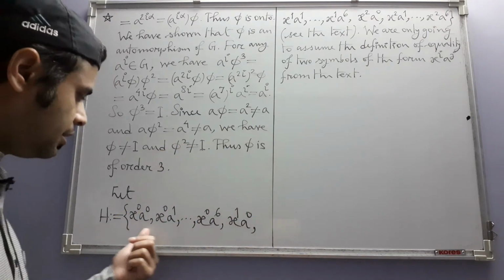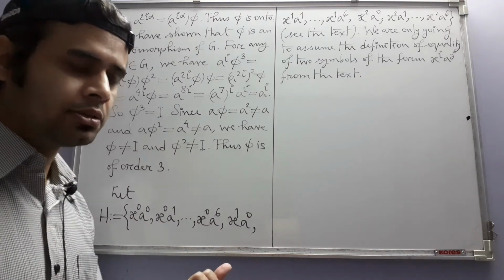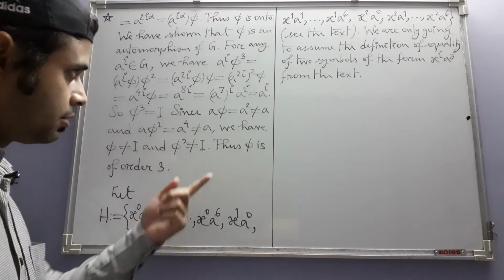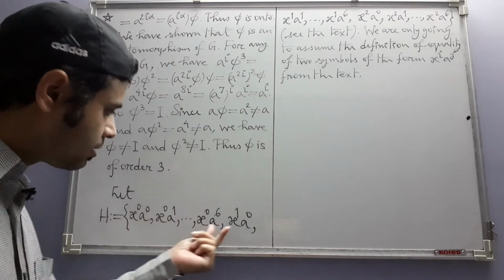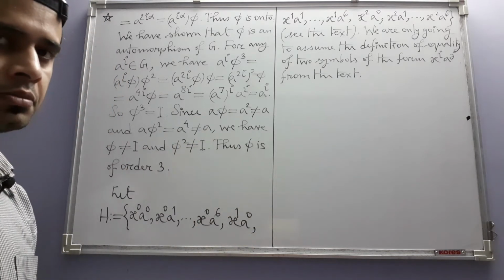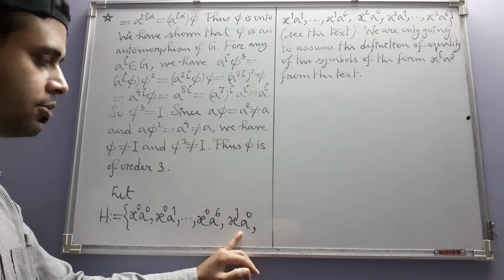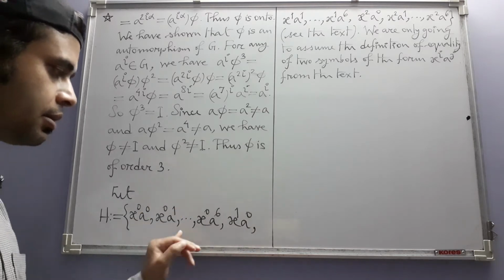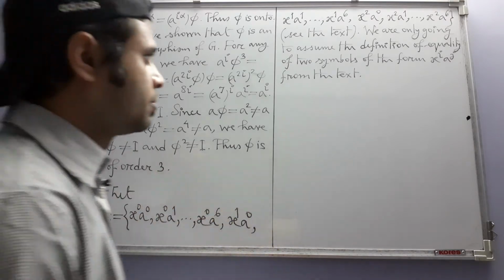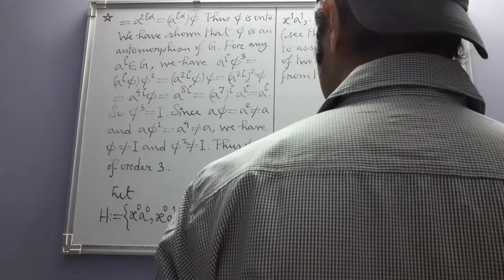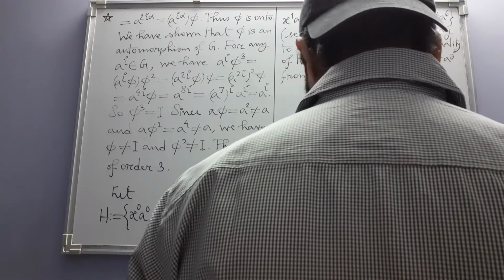Of course, you can see here there are 21 symbols, but the definition of equality makes sure that these are all distinct. Any symbol that you see here, you take any other symbol, that is a different element from that one. Okay, so there are 21 elements in this set, that is already there.